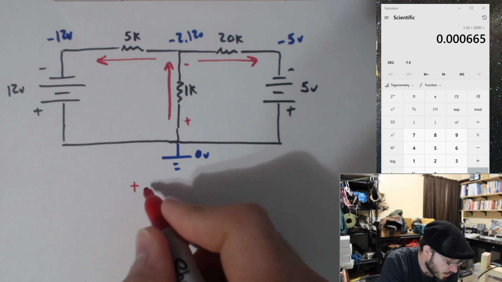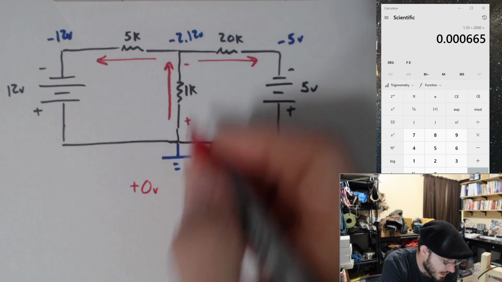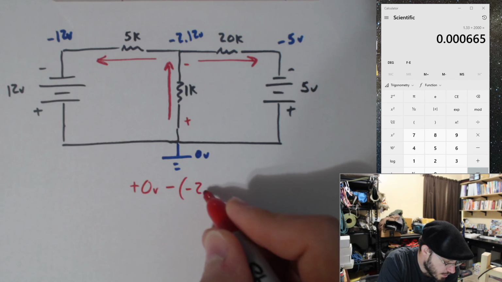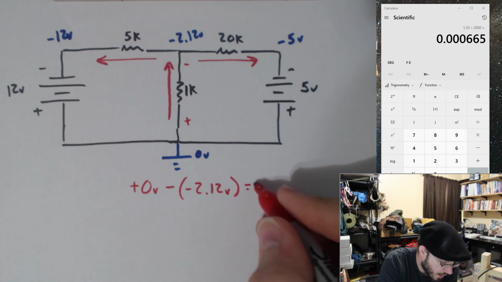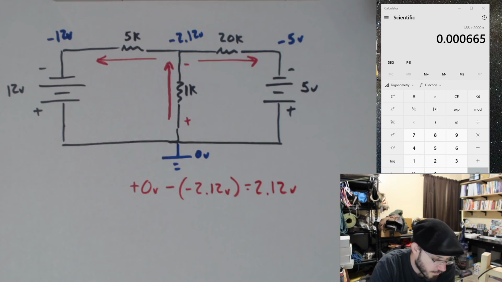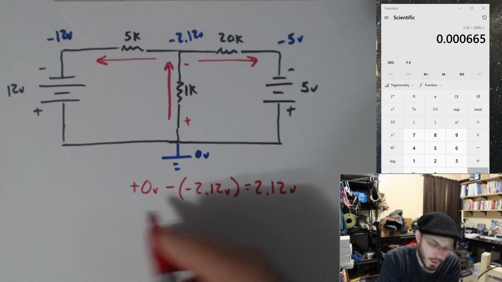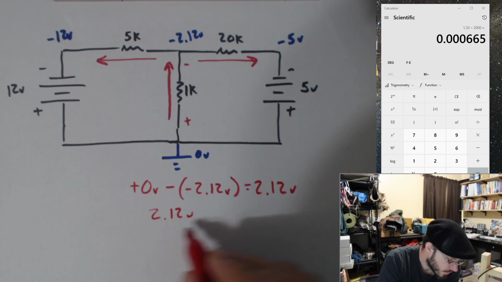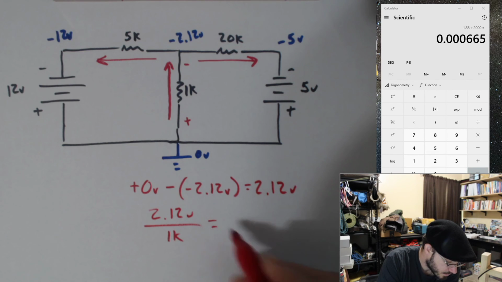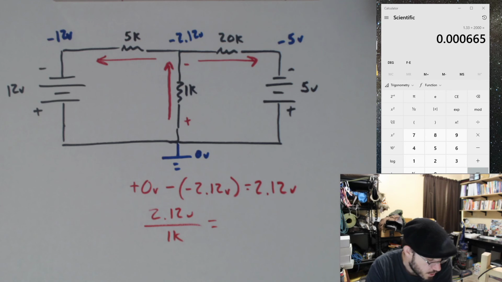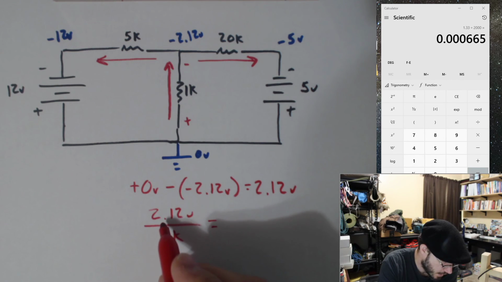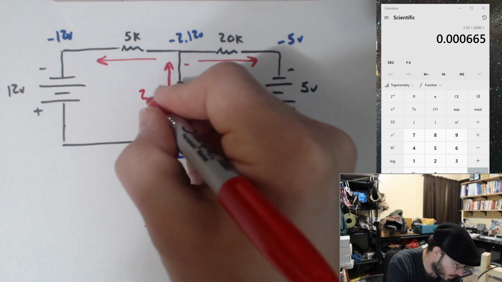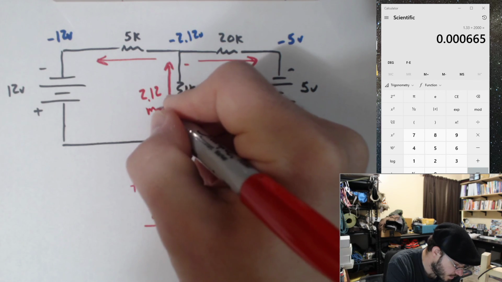Plus 0 minus a minus 2.12 volts gives me my voltage drop of 2.12 volts. 2.12 volts divided by 1K gives me 2.12 milliamps.